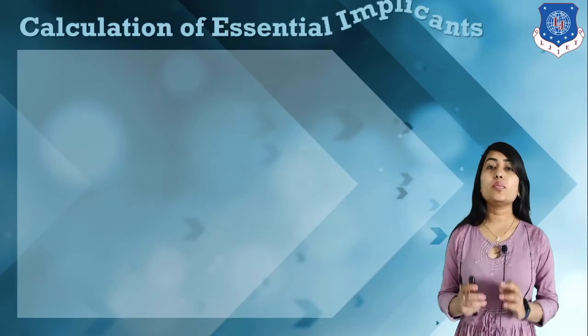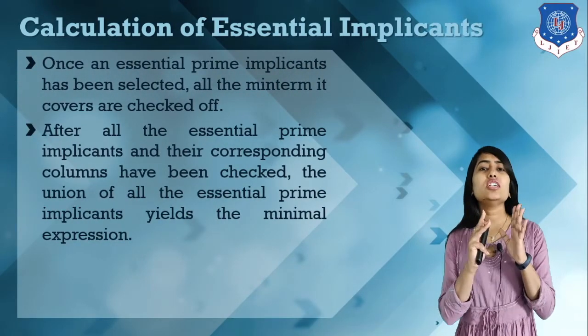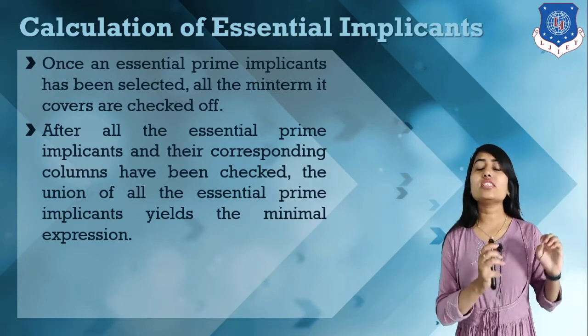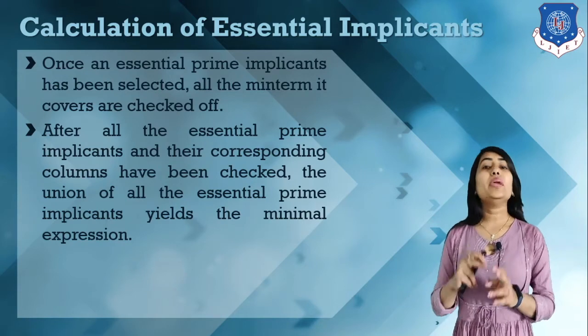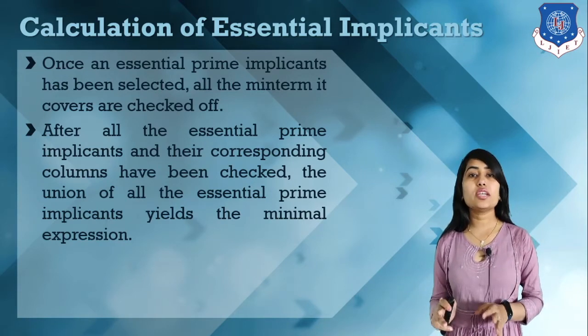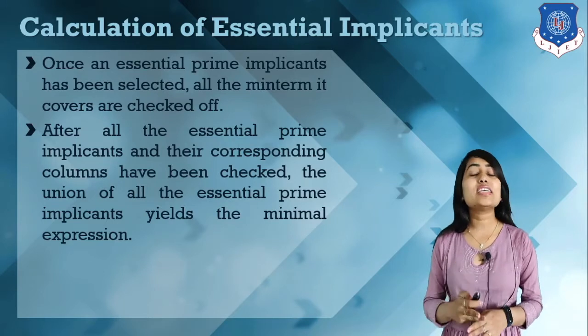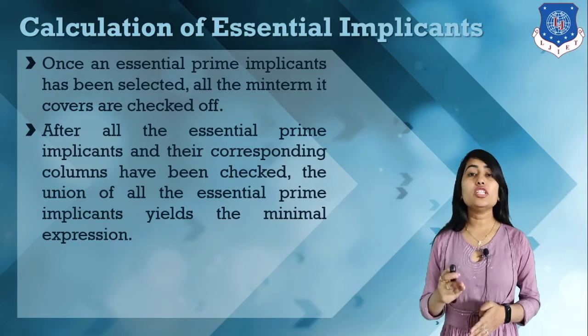So an essential prime implicant is a prime implicant whose logical function is always present in a minimal solution. Other prime implicant terms are not always present, but these essential prime implicants are always present in our minimal solutions.